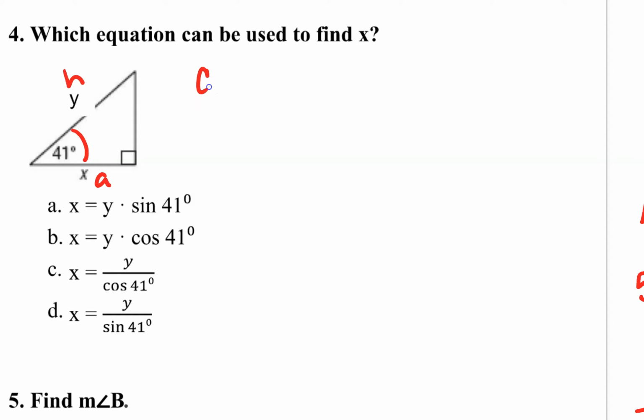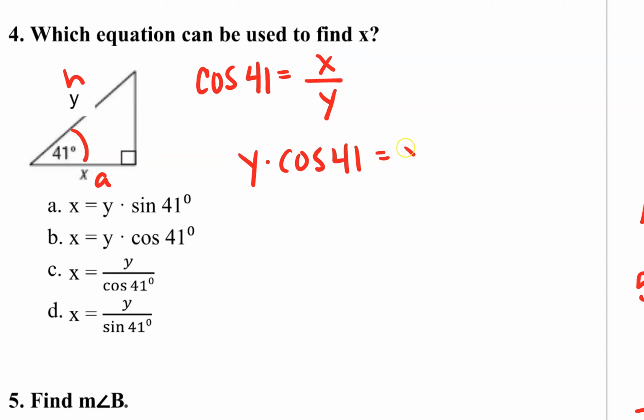So that is cosine of 41 equals adjacent over hypotenuse. When I go to solve this, that's not one of the choices. So when I go to solve this, what happens? I multiply y times cosine 41, and that would equal x. So this would be your correct answer.